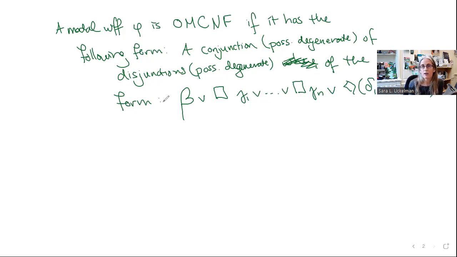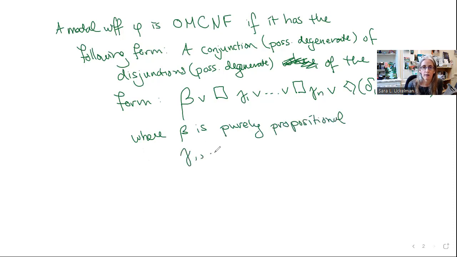So this is the general form of something that is in ordered modal conjunctive normal form, where beta is purely propositional. The gamma 1 to gamma n are, again, purely propositional, so there are no other modal operators involved.